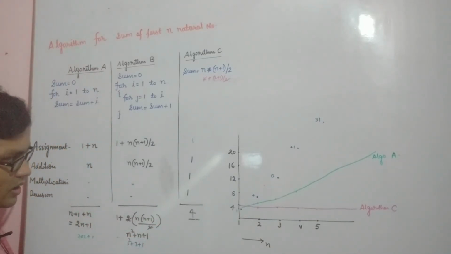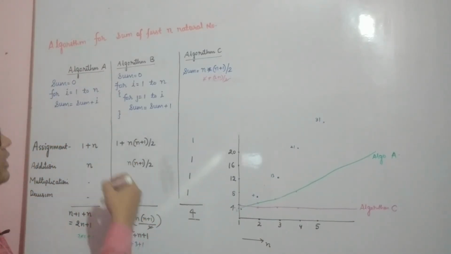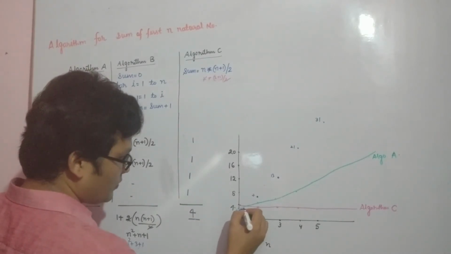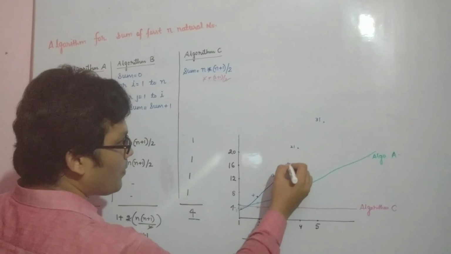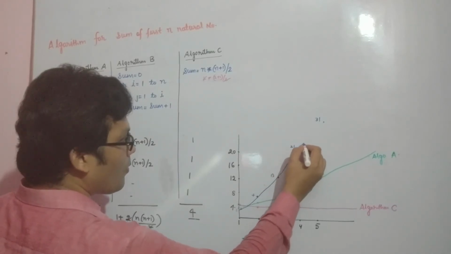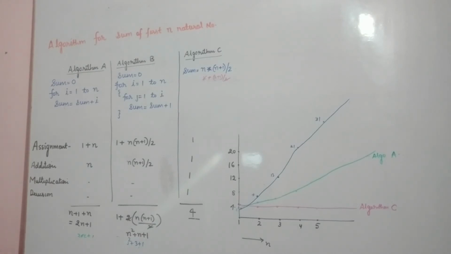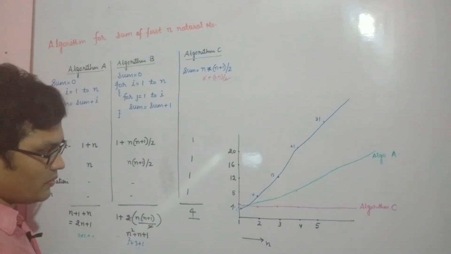Now, how does the curve look for algorithm B? Just try to understand what I am going to say.